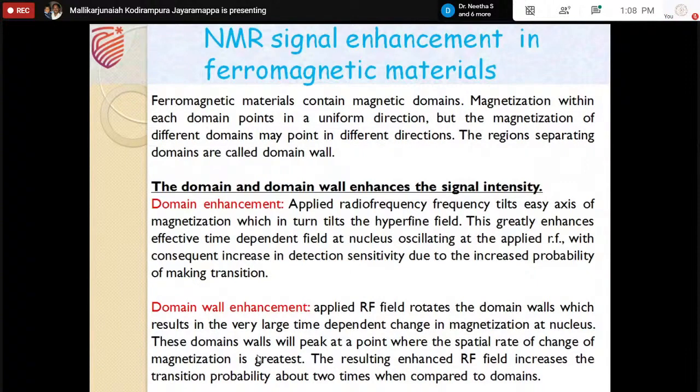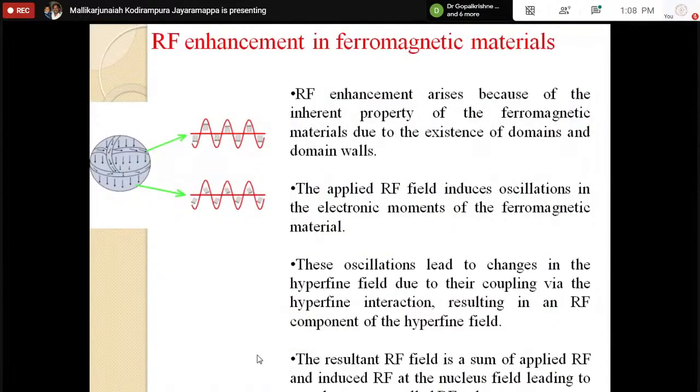And sometimes why we are emphasizing these finer aspects is that, for nickel and some other nuclei, we may not be able to make an effective measurement because of the absence of this RF enhancement. RF enhancement arises because of the inherent property of ferromagnetic materials, due to the existence of domains and domain walls.